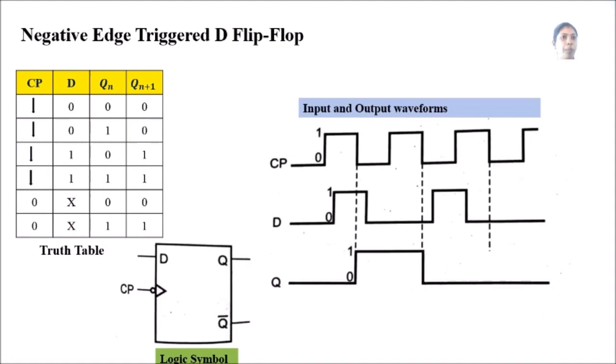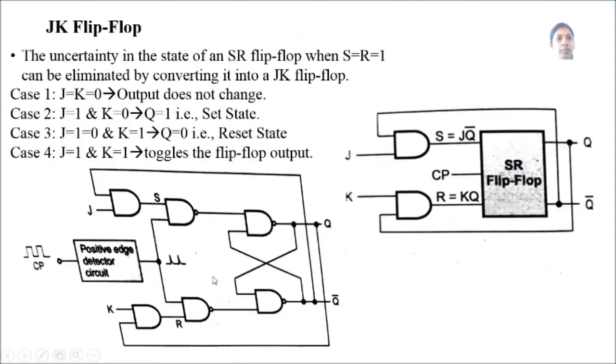In this flip-flop, the flip-flop will give its response only when the clock pulse is at its negative edges. In the timing diagram, you can see that the flip-flop gives its response only at the negative edges. The truth table is similar to the positive edge triggered D flip-flop, and the diagram is also similar.